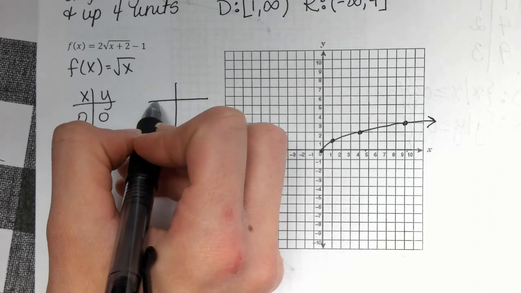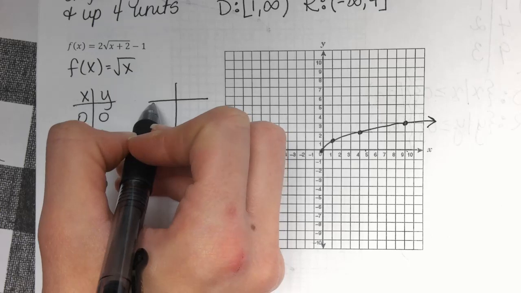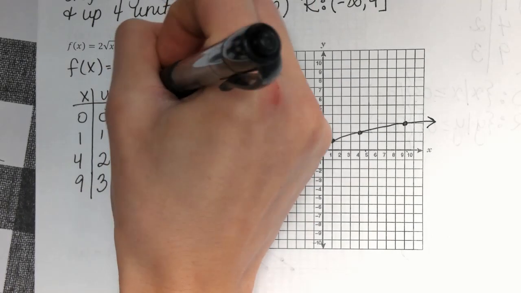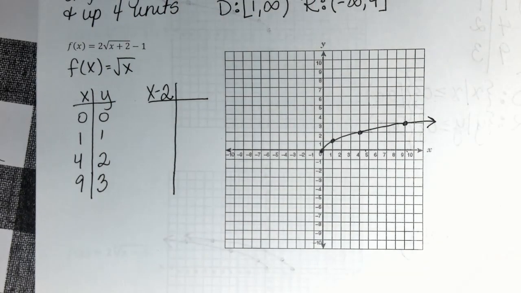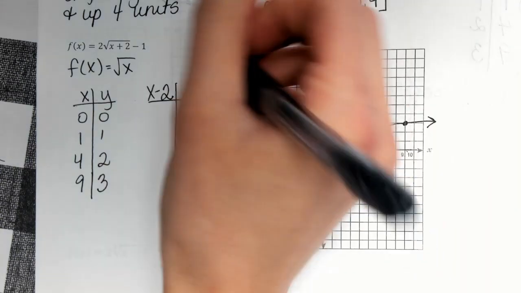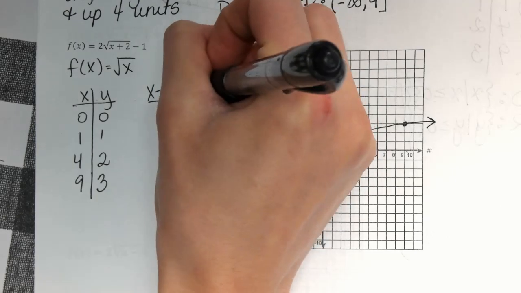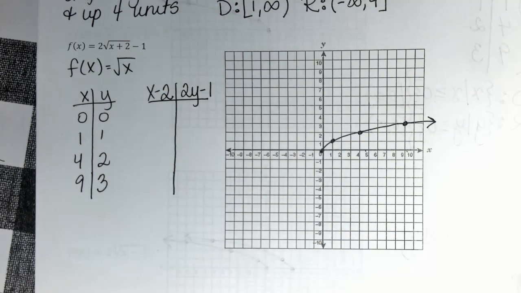Okay, what do I do for my x column for my new table? X minus 2. My function says x plus 2, but it's the opposite of, so I do x minus 2. And then for my y column, what am I going to have? 2y minus 1. So you take your y's, multiply it by 2, and then subtract 1.